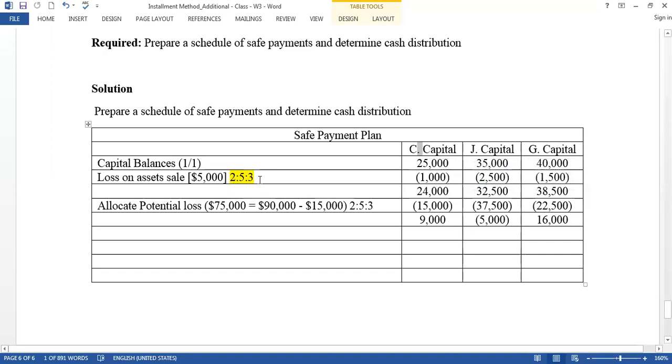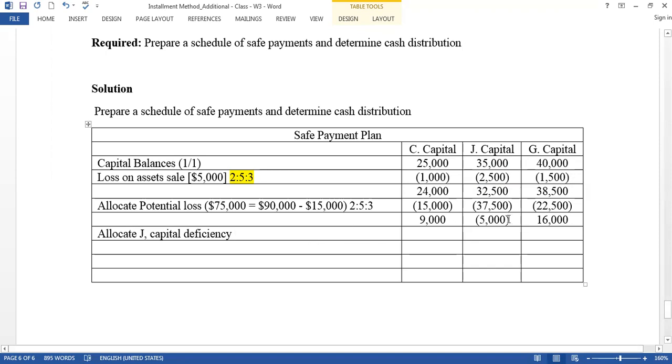So allocate J's capital deficiency. And what is the capital deficiency here?